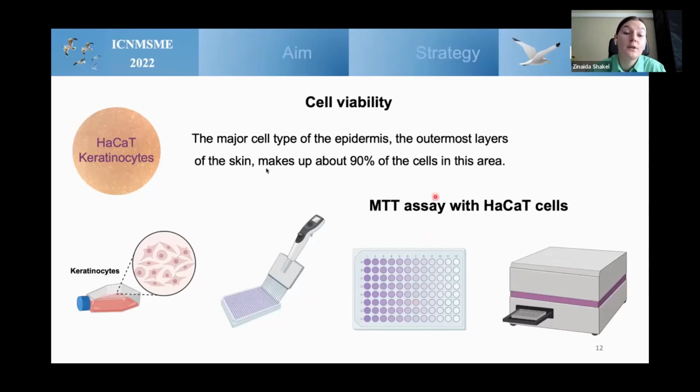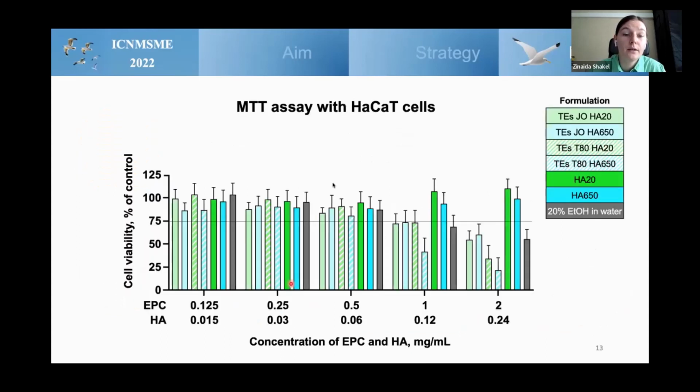Then we performed the MTT assay to see which cells are more viable, and then we used a microplate reader to confirm the intensity of absorbance. And the results are here.